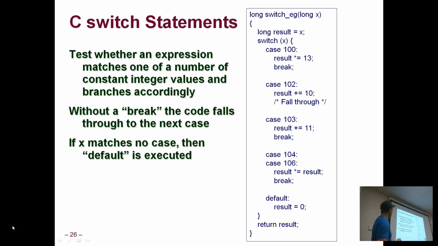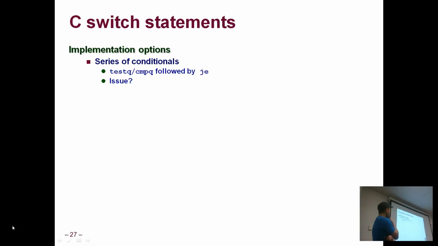Okay, so you have some implementation options. From last class, where we had these compares followed by conditional jumps, one way you could implement this is just with a series of conditionals. Compare quad $100, and then $101, $102, etc. What's the issue with that if you wanted to implement it that way?